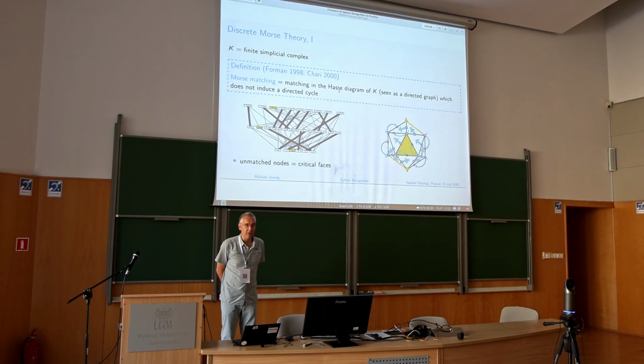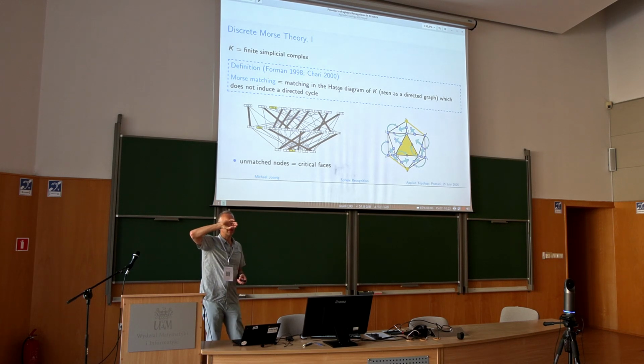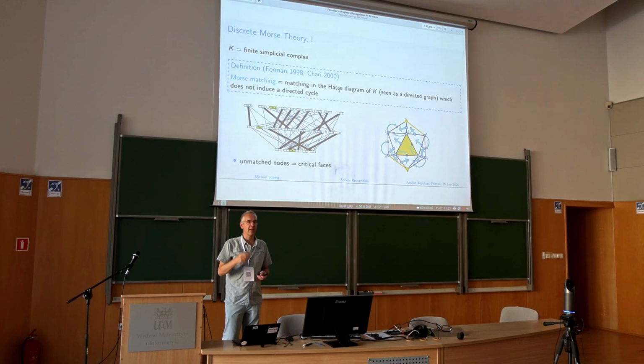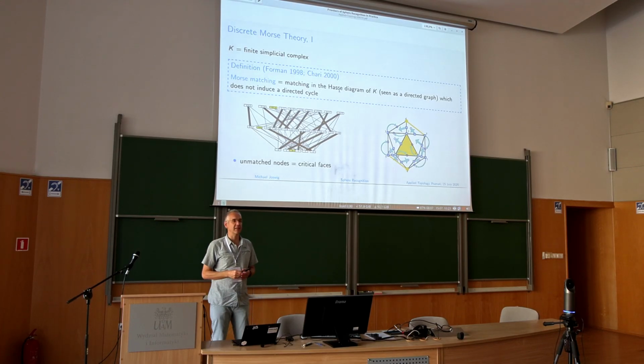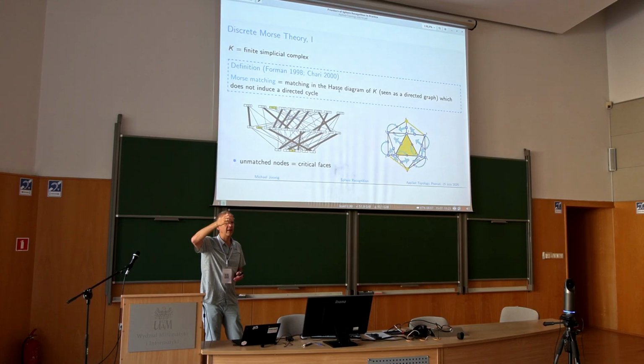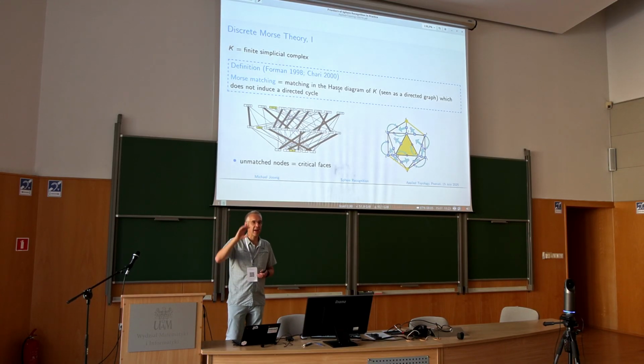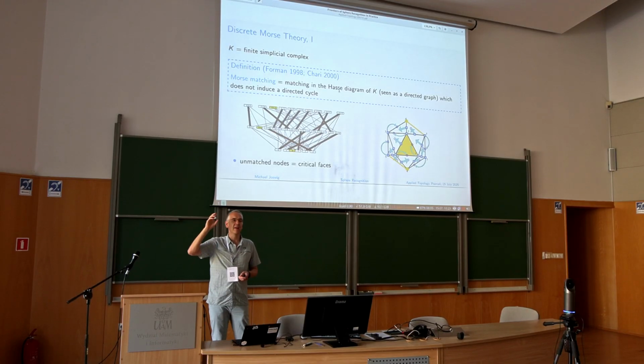And the other condition is, well, we had this direction on these arcs. In the beginning, everything was pointing upwards. Now you have this matching, you pick those edges, and in those edges you reverse the orientation. And now one of two things happens. Either the graph remains acyclic, or you create an oriented cycle. And I hate oriented cycles. So if you don't have an oriented cycle, and the graph remains acyclic, then you have a Morse matching.